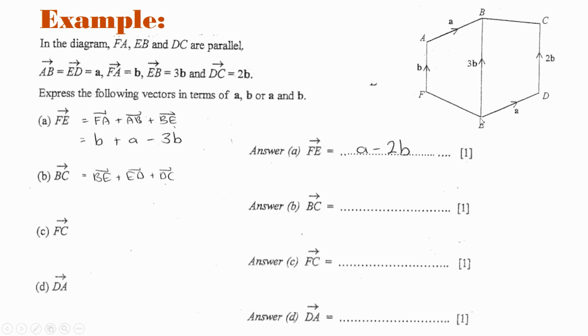Don't forget your little arrows on the vector signs to make it a vector. It's going against this arrow, so it's minus 3B plus A plus 2B. Then collect your like terms: minus 3B plus 2B is minus B. So overall, it's A minus B. If it helps, write that in, A minus B here, because that's BC.